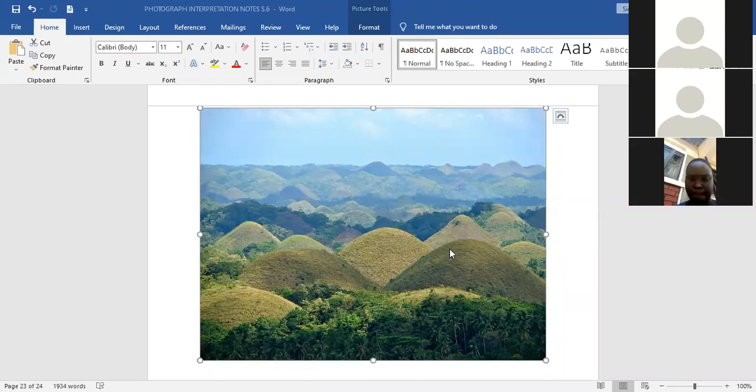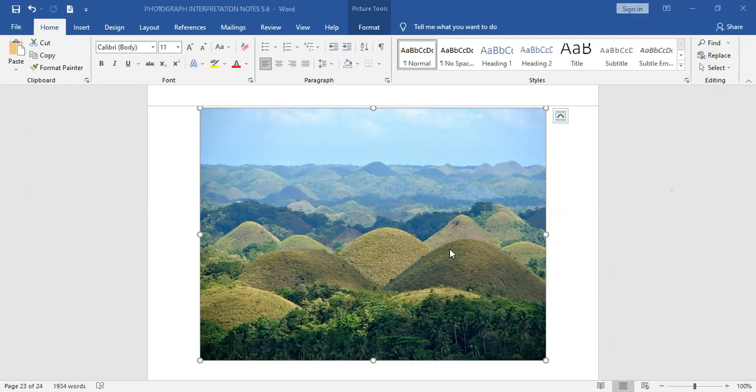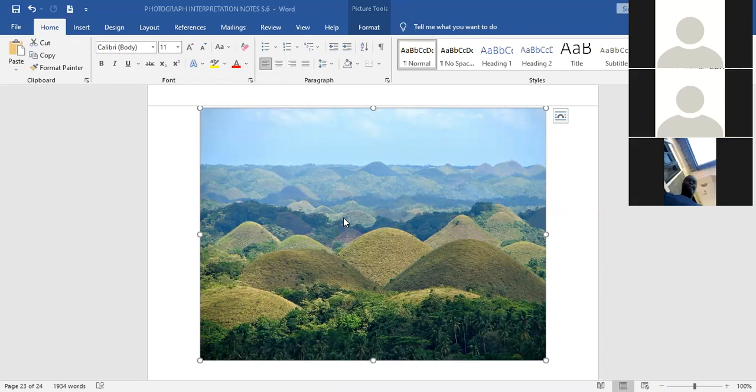We don't just list them, as I've said, but we are supposed to describe or even explain how these problems come about and how they affect the people in the area. How do we state our answers if the question says, explain the problems faced by the people living in the area shown on the photograph? So the first problem, as we had listed before, is soil erosion.